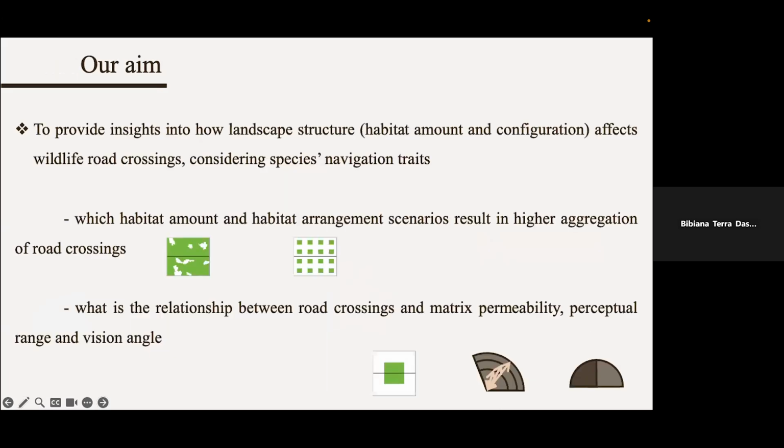Aiming to do this, we want to provide insights into how landscape structure affects wildlife road crossings, considering species navigation traits. We want to understand which habitat amount and habitat arrangement scenarios result in higher aggregation of road crossings, and what is the relationship between road crossings and matrix permeability, perceptual range, and vision angle.